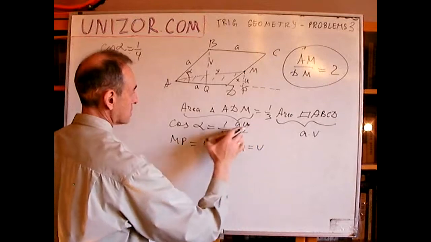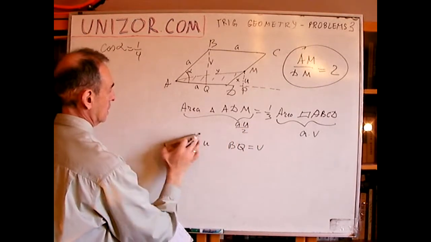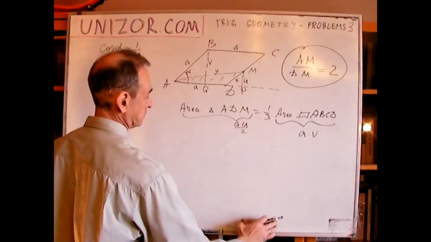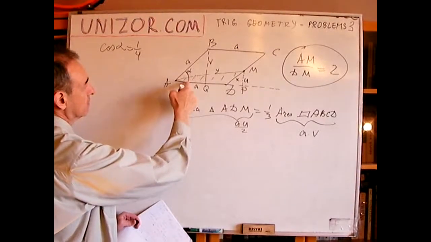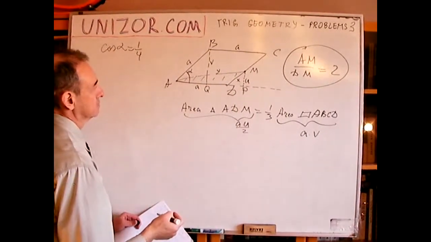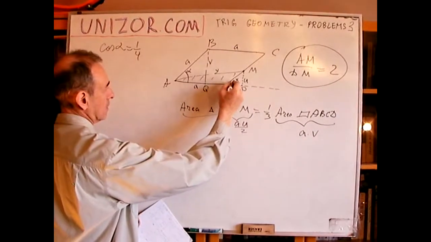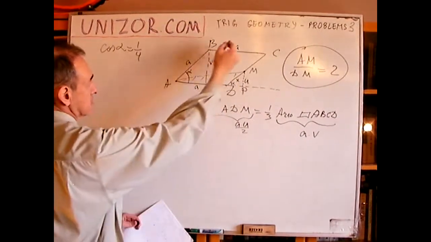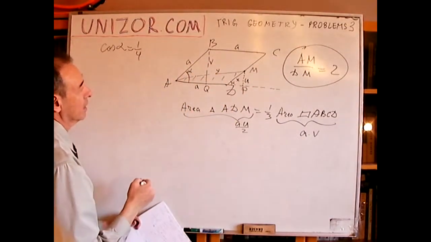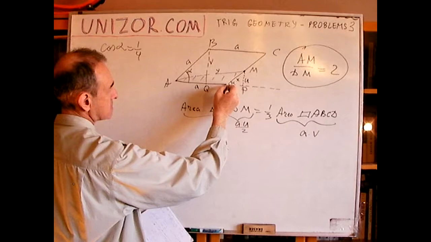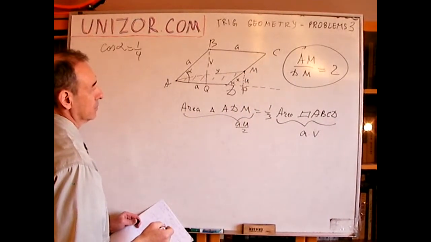Let me wipe out this, so it doesn't really bother us. And we know this. Now, this is angle alpha and this is angle alpha, because this is a rhombus, which is therefore a parallelogram, so these are parallel. Now, knowing x, I can calculate the altitude here as well.